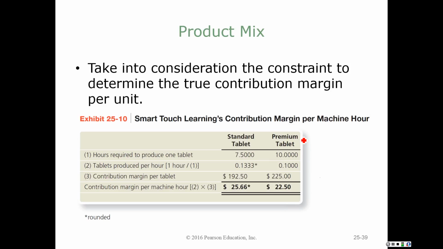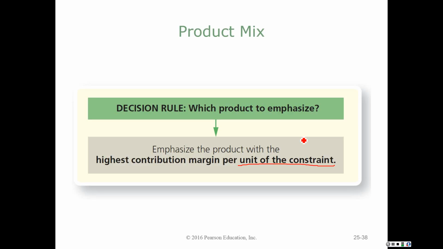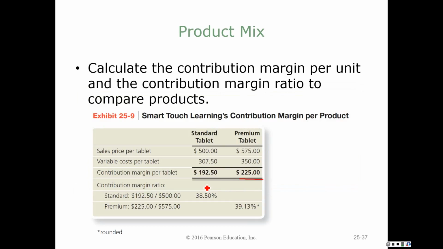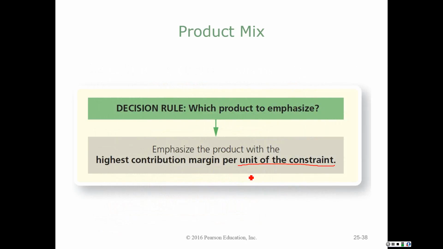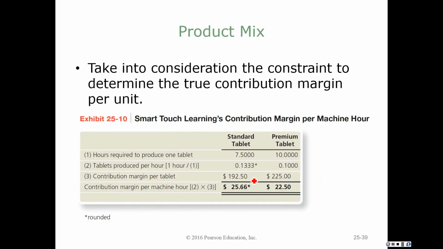If we know from our prior calculation, let me back up again, contribution margin of 192.50 and 225 has simply been carried forward for your standard tablet and your premium tablet. So this is my contribution margin if we had no constraint. But since we do have a limitation of hours, the 192.50 contribution margin divided by my capacity constraint gives me contribution margin per machine hour.